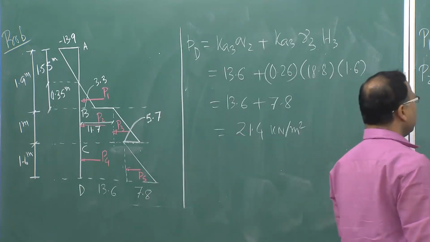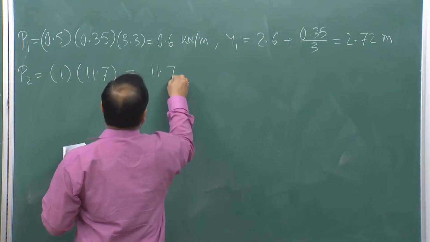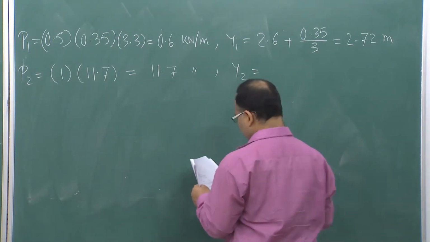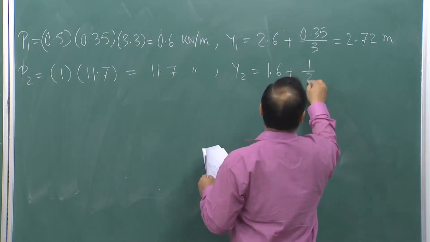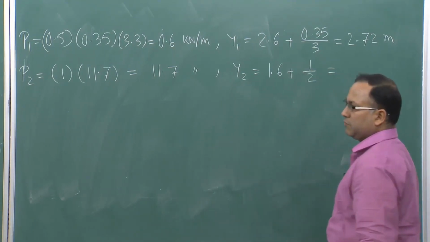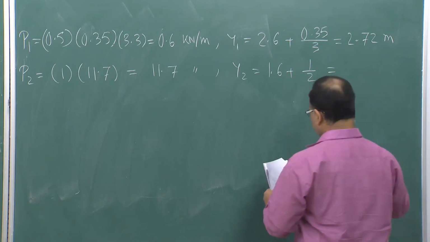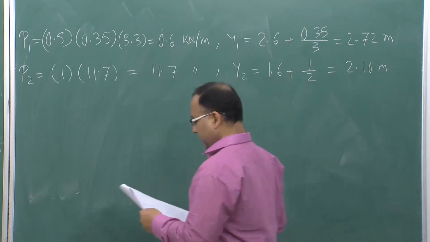So, 1 into 11.7 comes as 11.7 kilonewton per meter run, and Y2 is equal to 1.6 plus 1 by 2, because that will be acting at the mid depth of this rectangle. So, that comes as 2.10 meter.